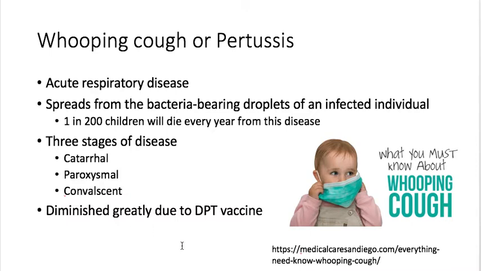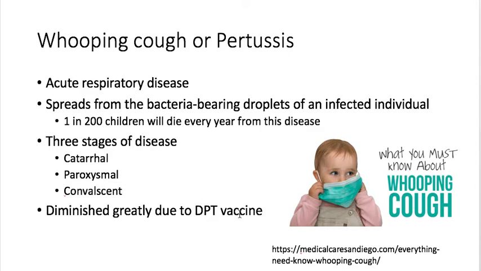Pertussis, or the whooping cough disease, has diminished greatly due to the DPT vaccine. The DPT vaccine is the diphtheria pertussis tetanus vaccine. It's very important that we probably all got the DPT vaccines when we were younger, but we start to lose immunity as we get older.